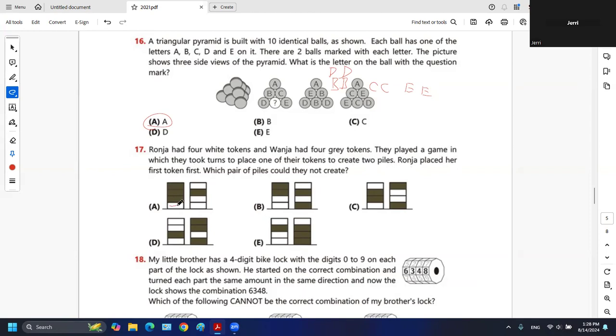So Ranja is up here. Vanja, Ranja, Vanja, Ranja, and Vanja. So this is not the answer. Nope.